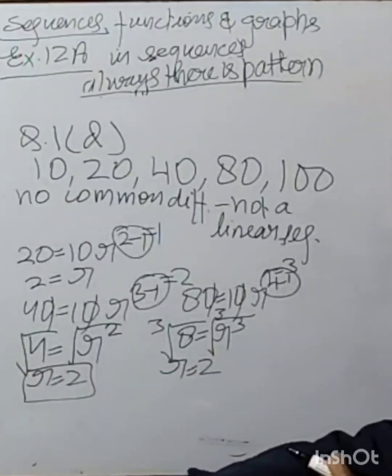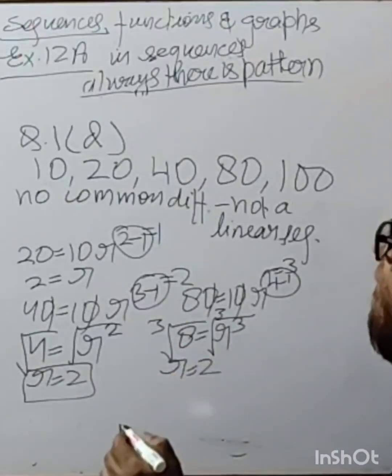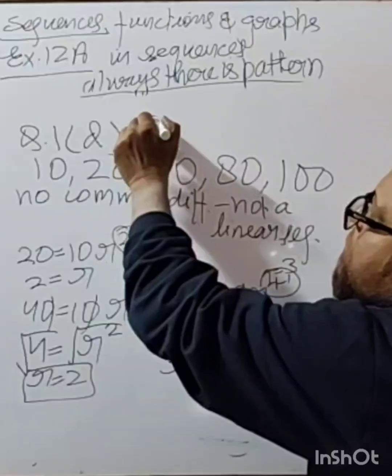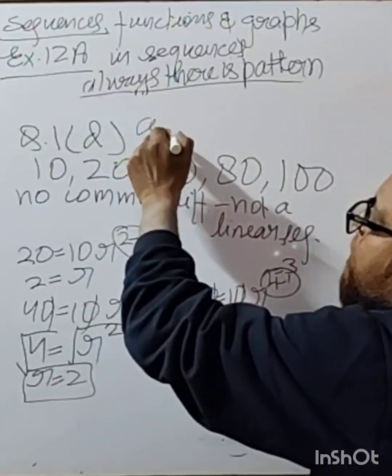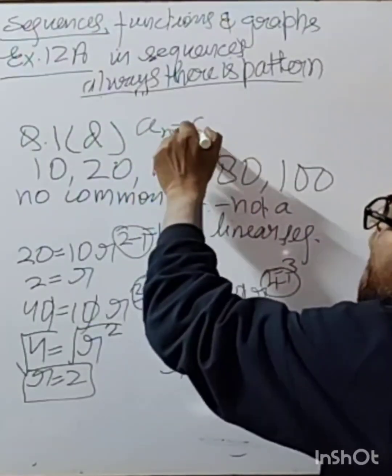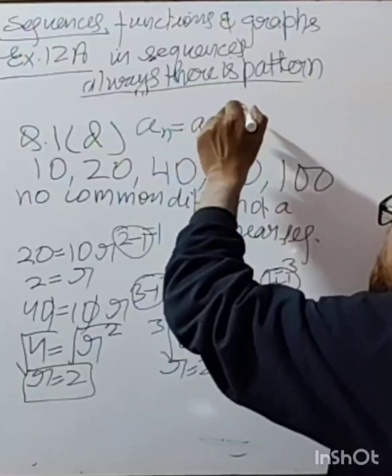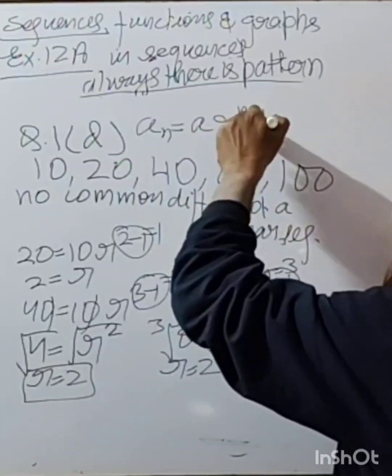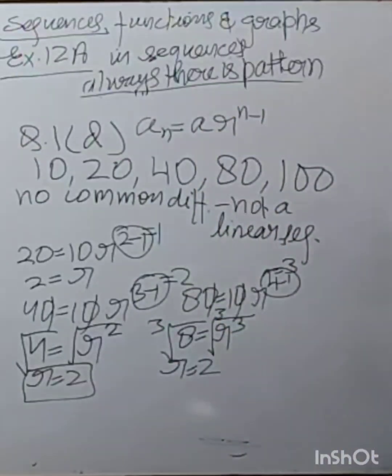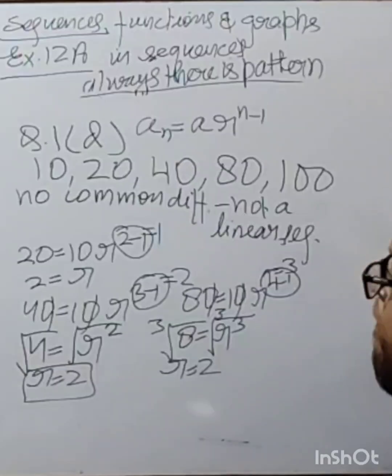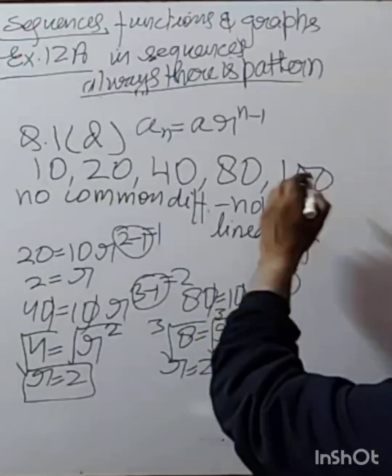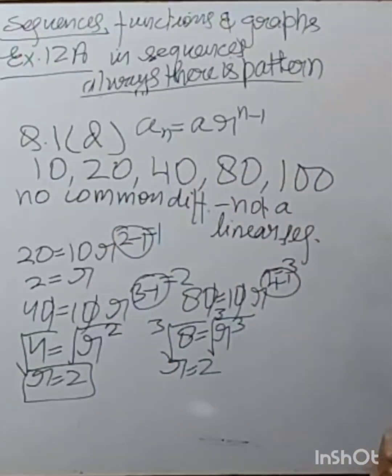And lastly, if we use the formula an is equal to a r raised to the power n minus 1, and take the next one, then what happens?